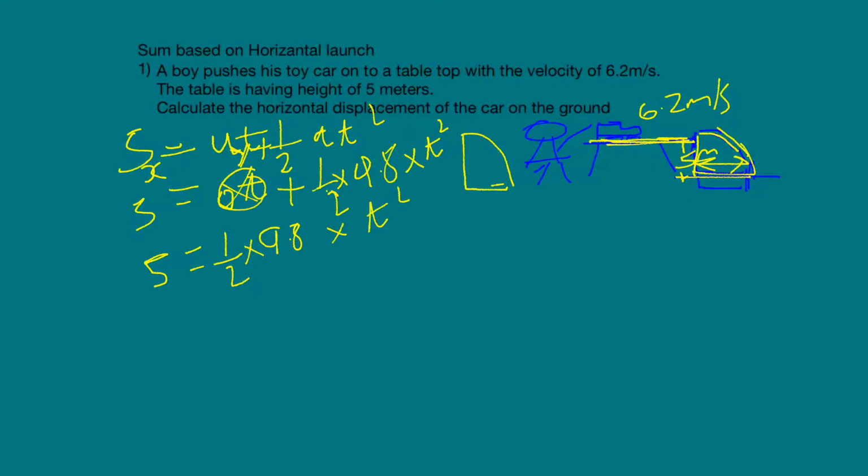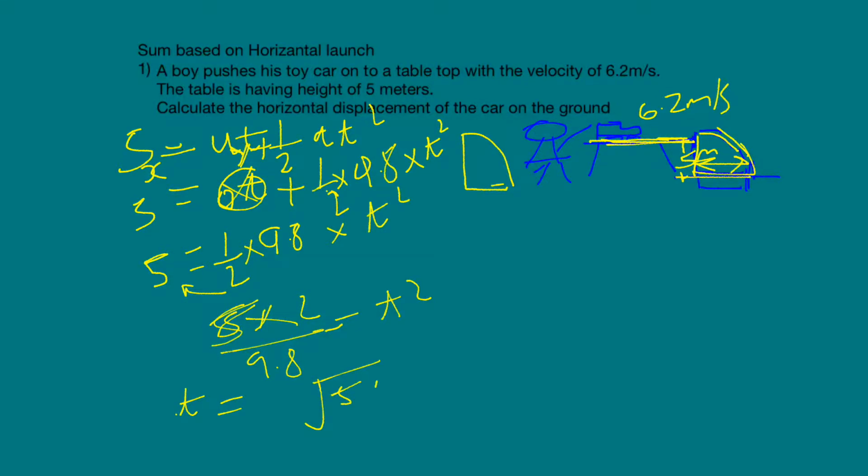So 5 into 2 divided by 9.8 equals t square. So t equals under root of 5 into 2 upon 9.8. I will solve it on my calculator.